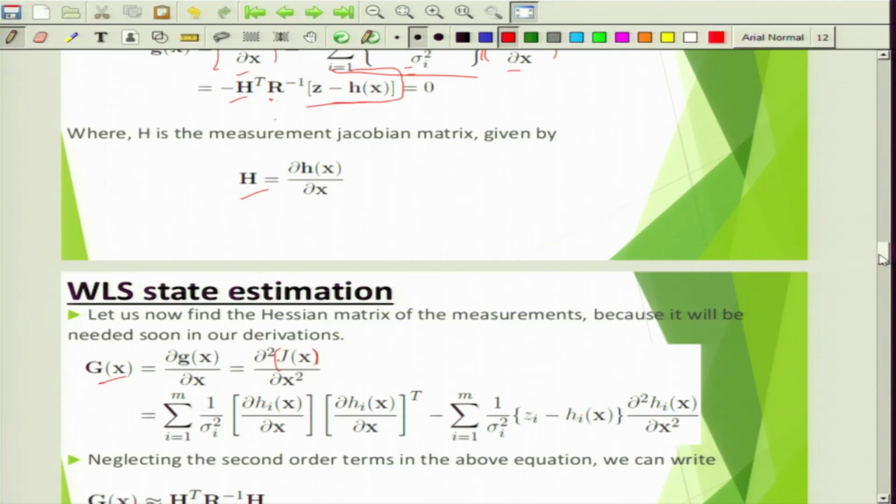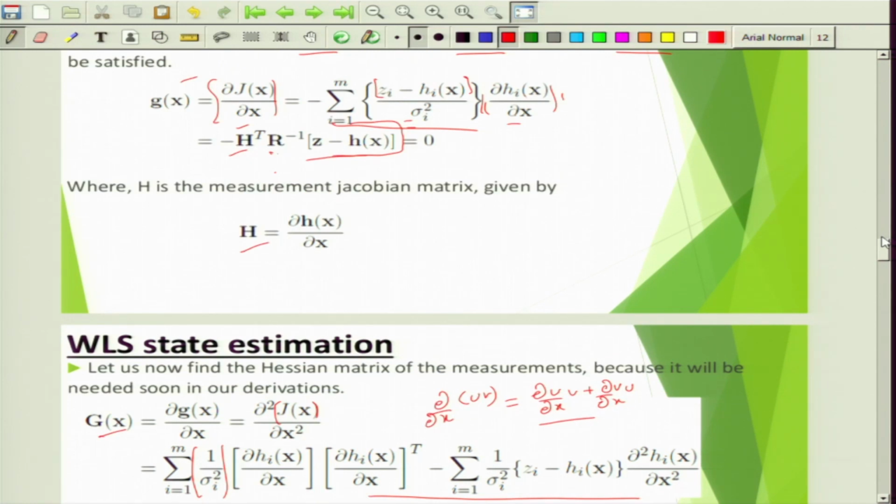You will get ∂²J(x)/∂x², there are two terms that you will get actually, 1 by sigma square which is R inverse, it is just ∂/∂x of u into v, you know this multiplication, right, ∂u/∂x into v plus ∂v/∂x into u. So that is what we are doing here.